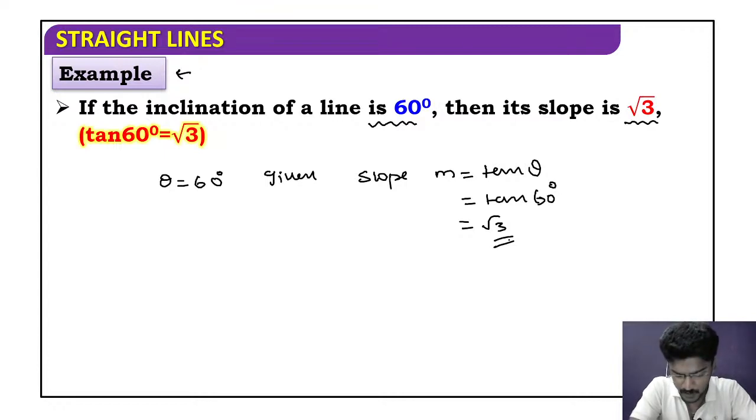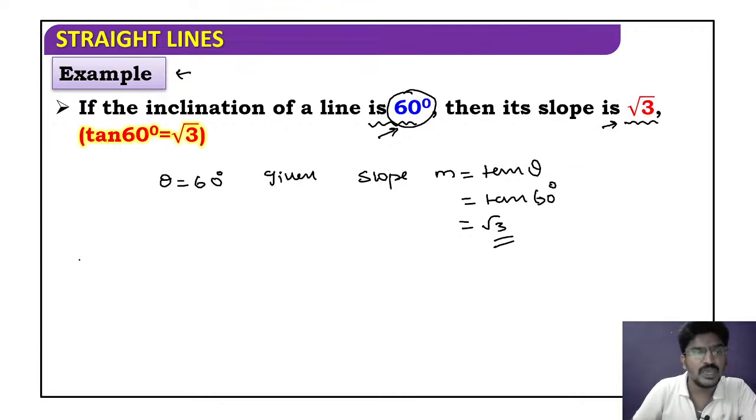So example for slope when theta is given, that is 60 degree. If angle 60 degree is given, then the slope is root 3, that is tan 60. Can you tell me, if theta equal to 30 degree, what is the slope?